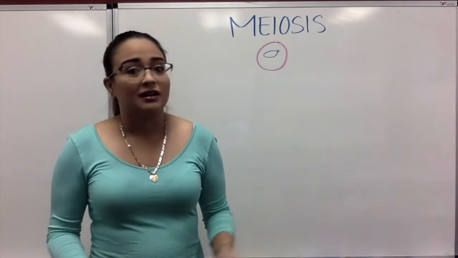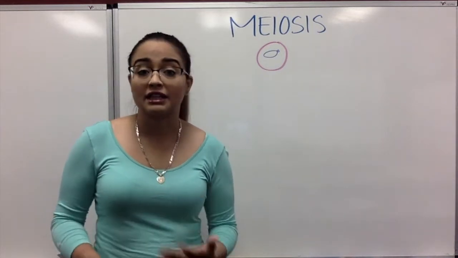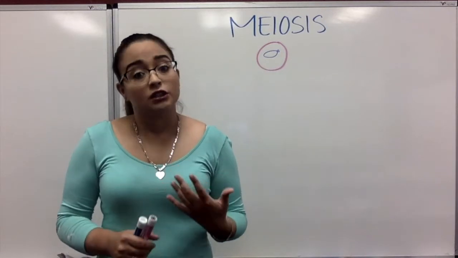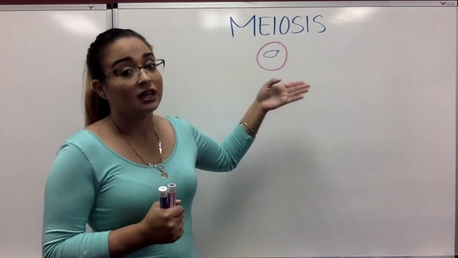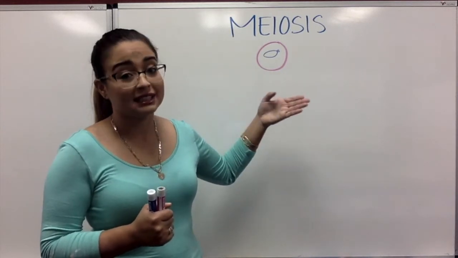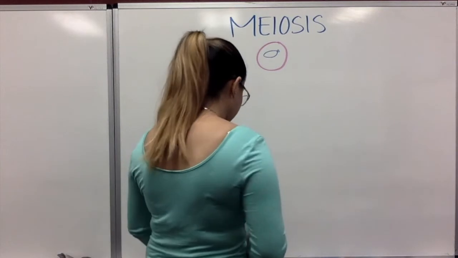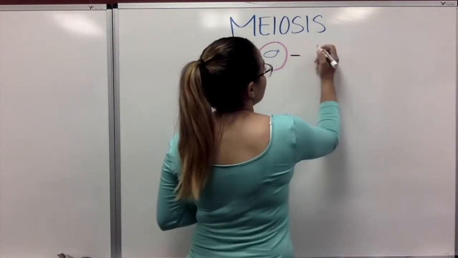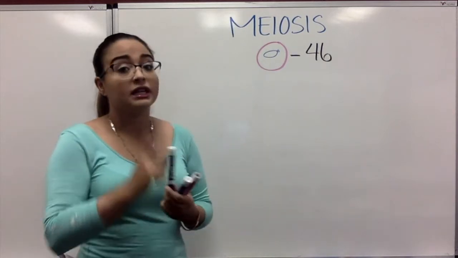For example, chromosomes have hereditary information. So, this one cell has 46 chromosomes. Keep that in mind. We start off with 46 chromosomes in one cell.